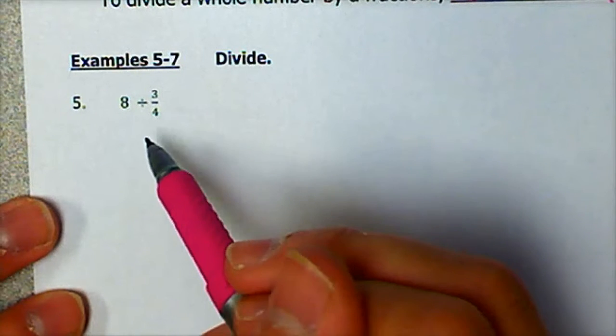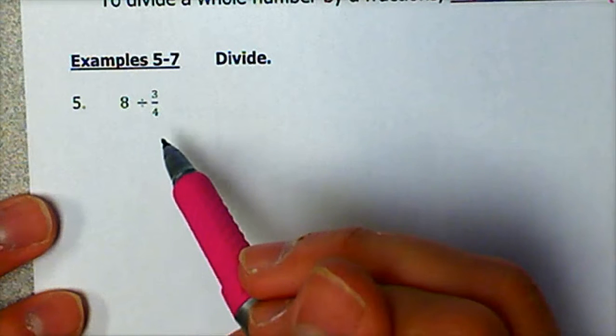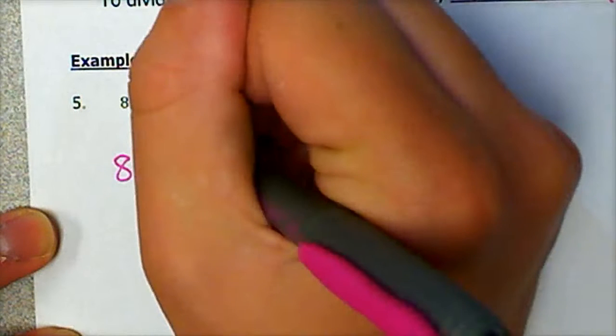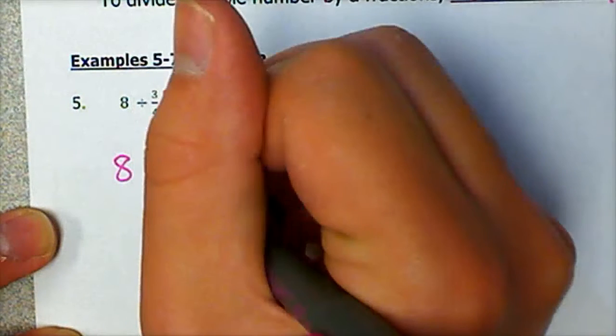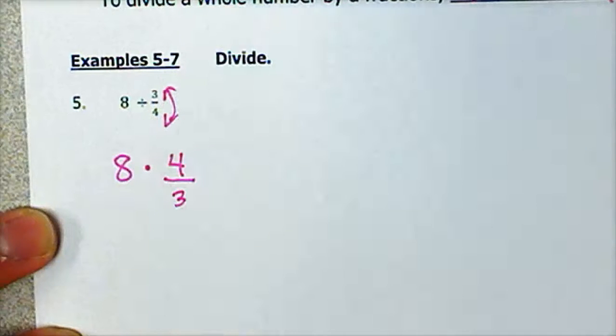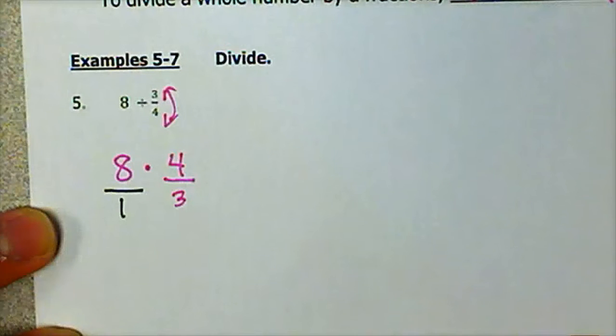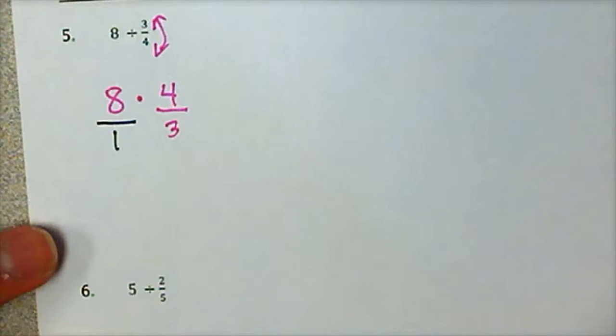So in order to find the answer to this problem without having to draw my diagrams, I'm going to take my whole number 8, and now I'm going to multiply by the reciprocal of 3/4, which we found is 4/3. So now this becomes a multiplication problem. 8, which we'll put over 1, times 4/3.